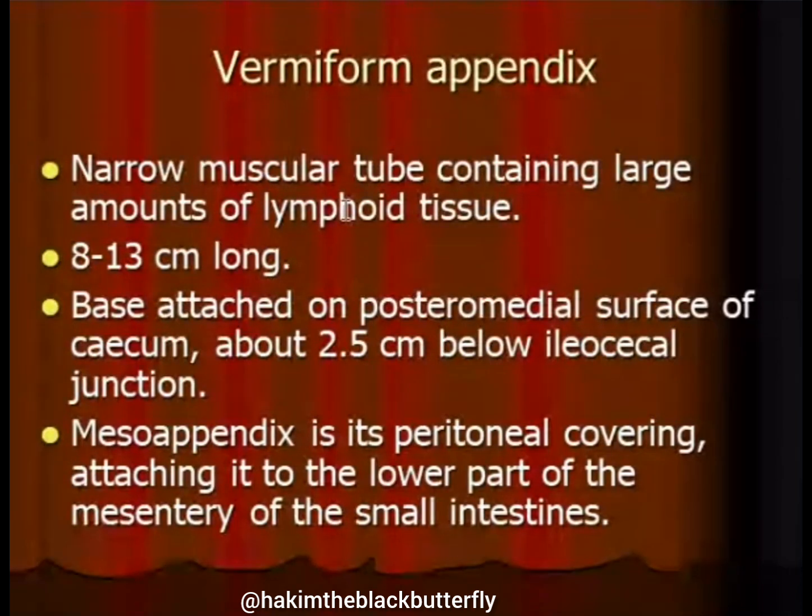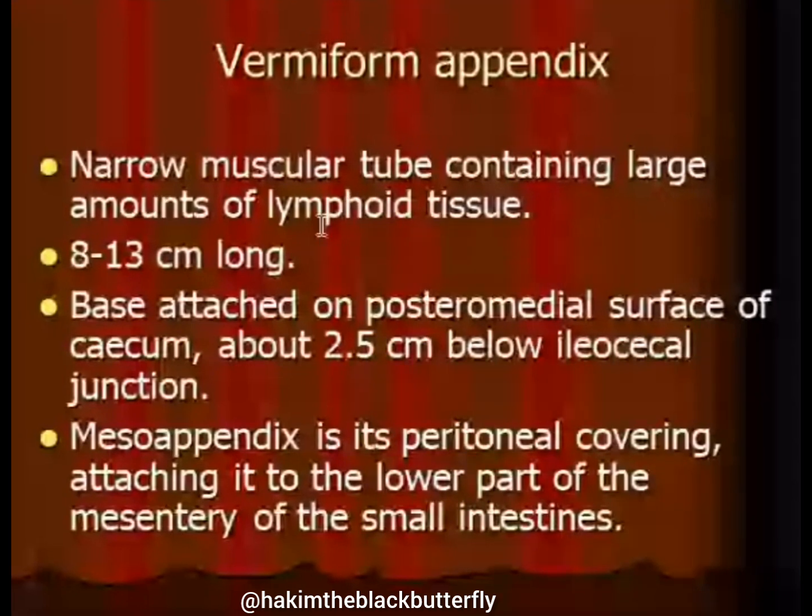It contains lymphatic tissue, which is very important in enhancing the immune system of the gastrointestinal tract. And those useful bacteria or normal flora are very important in cleaning the gastrointestinal tract.